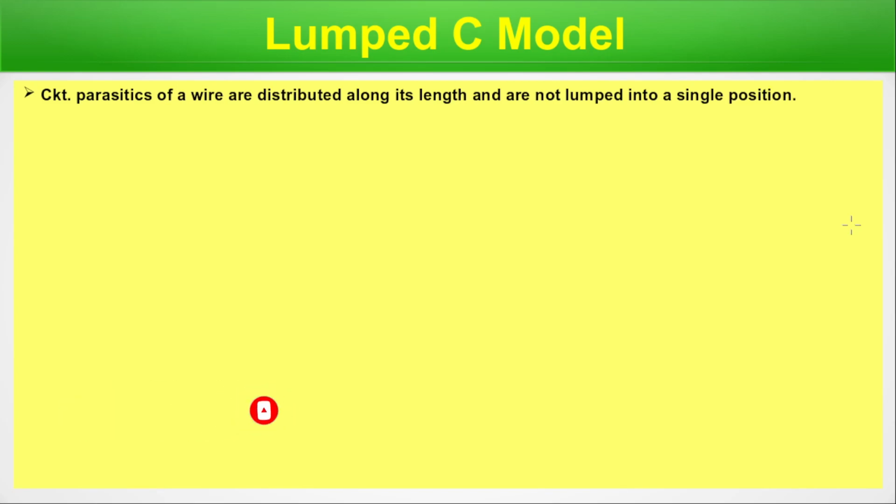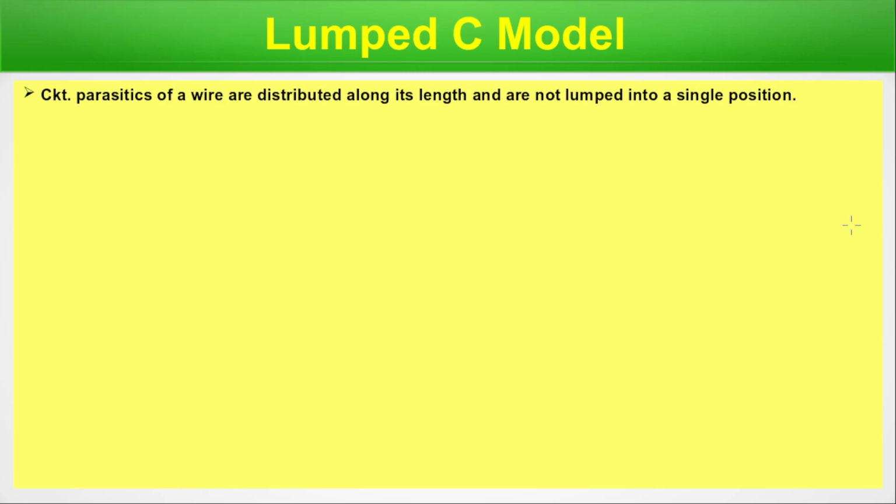Now, the lumped C model. Circuit parasitics of a wire are distributed along its length and are not lumped into a single position. So at every point, when a signal travels from one point to another, it faces the effect of parasitics at each point. Although, for ease of work, we adopt some models. One of them is the lumped C model.